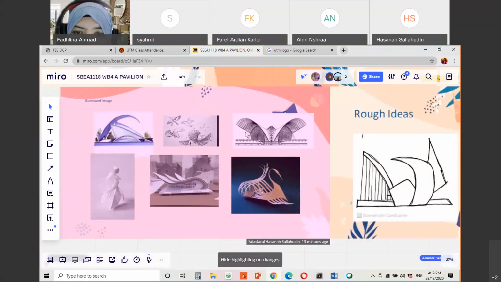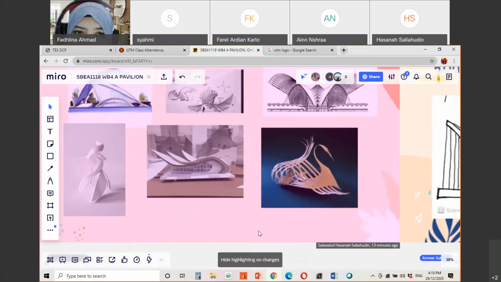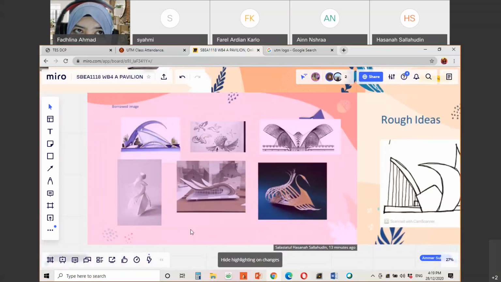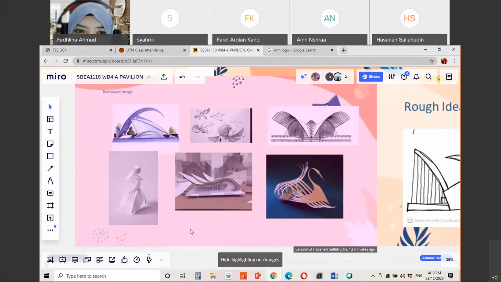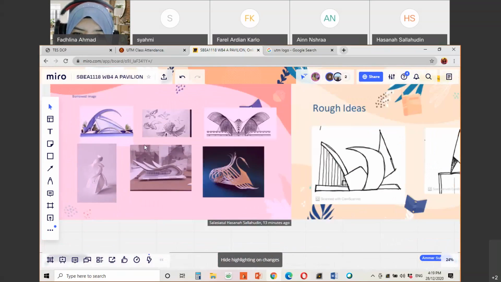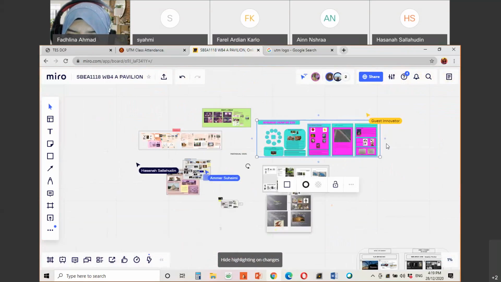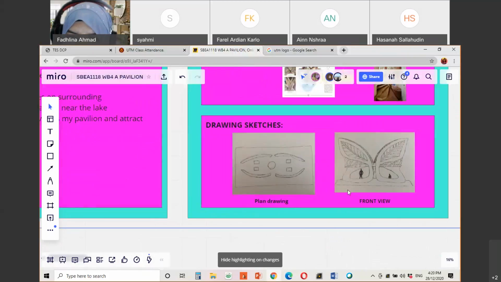Perhaps you can talk about freedom; you always relate birds with freedom. All those things you need to know when you do your pavilion design later, so that it won't be literal like this one.